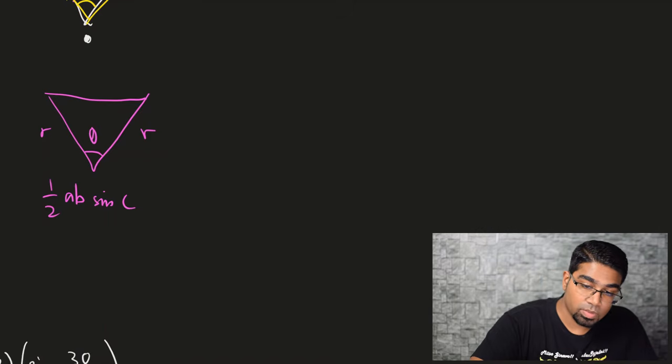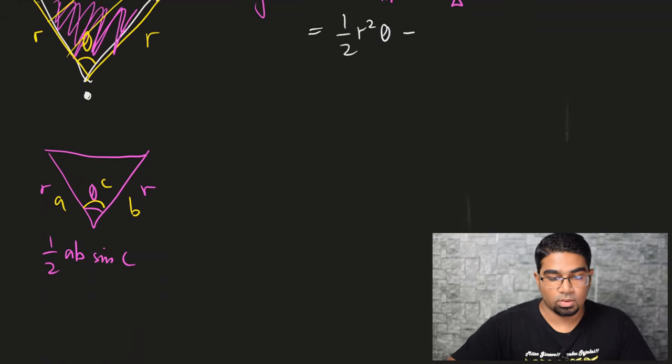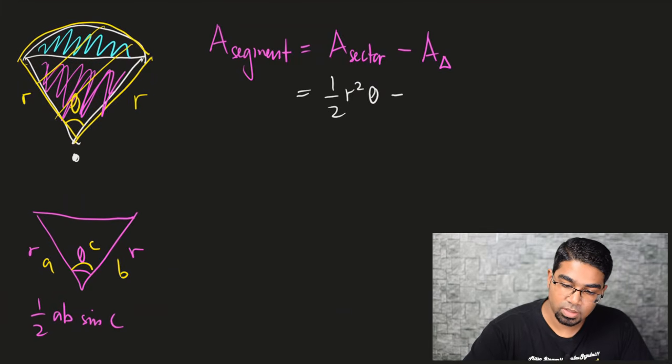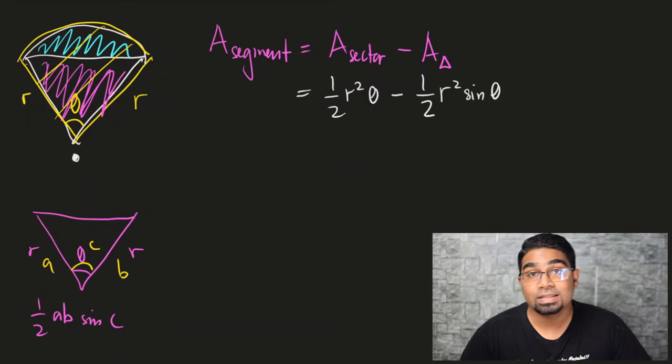So the angle would always be C, sine of C. So this is C, which means this is A and this is B. So that will translate to the area of the triangle is half, and A and B are both r, so r squared sine theta. C is theta, so sine C will be sine of theta.